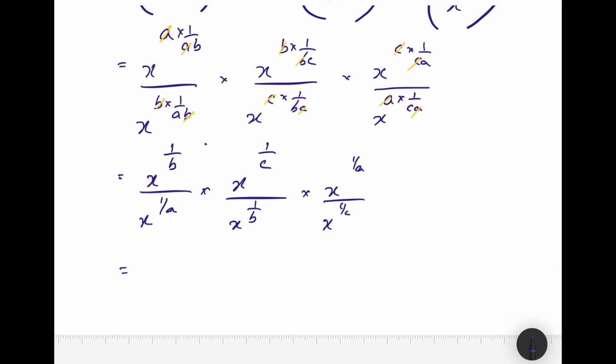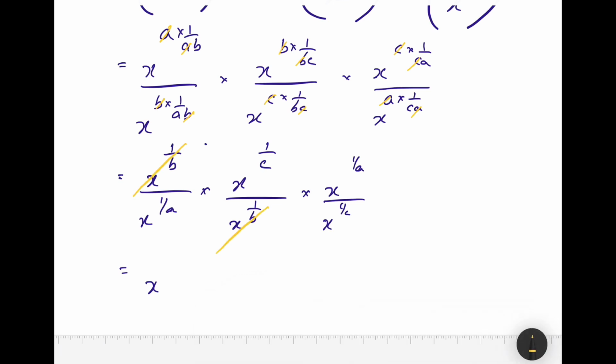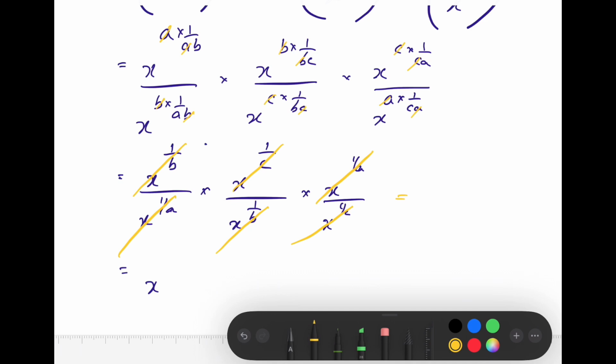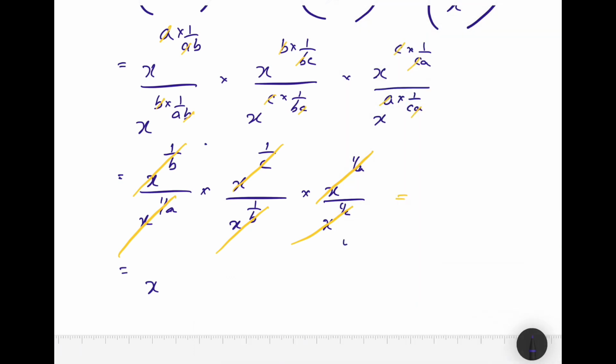Now you can add everything. x to the power of, no, not add, you can even cancel this. x to the power of 1 by c, 1 by c and 1 by a, 1 by a, and we are left with, equal to 1.